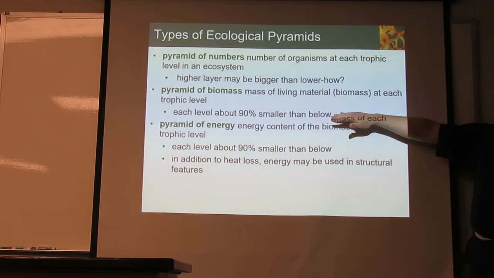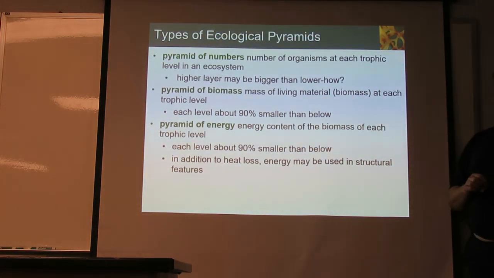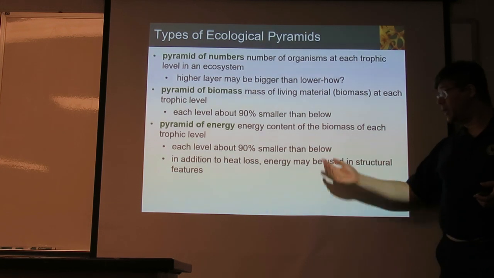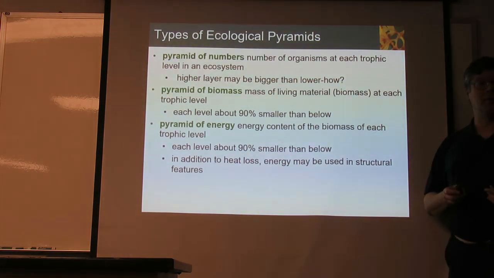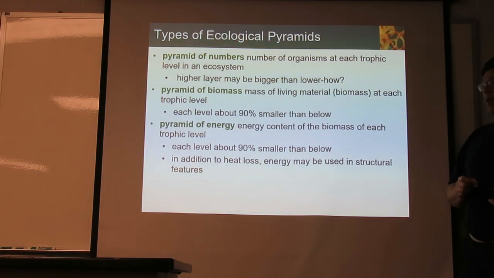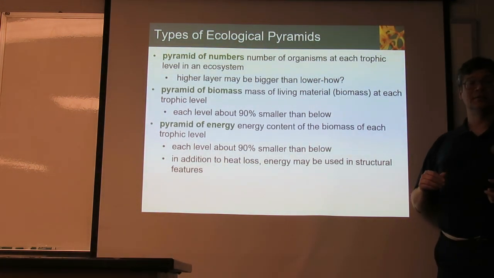Not only do we have that loss to waste heat, but also some of the energy is used for things that can't be digested and used by something on up the food chain. For example, plants using photosynthesis to make glucose, okay, that's great for energy.